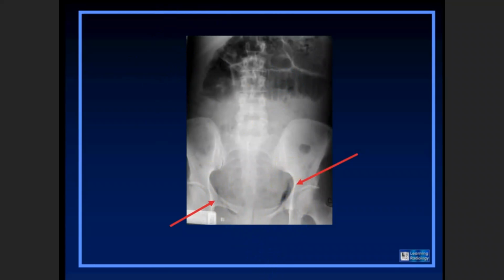This is extraperitoneal free air. Sometimes, because the lower portion of the urinary bladder is extraperitoneal and the upper or posterior portion is intraperitoneal, the bladder can have both extraperitoneal and intraperitoneal types of rupture.